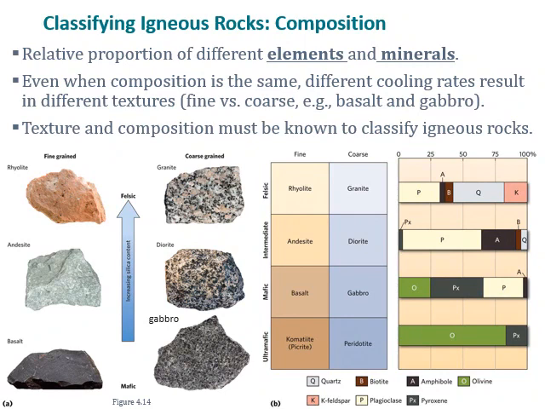The figure on the bottom right shows the different relative mineral compositions for these rocks. As you go from mafic to felsic, you're increasing quartz content, you're decreasing pyroxene and olivine content. And this figure is related to Bowen's reaction series.